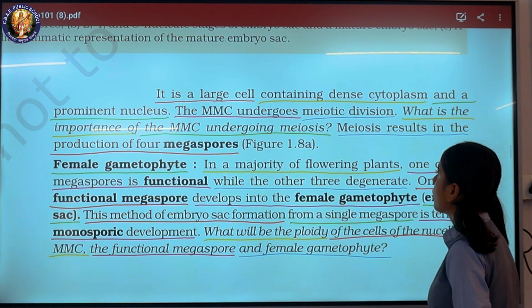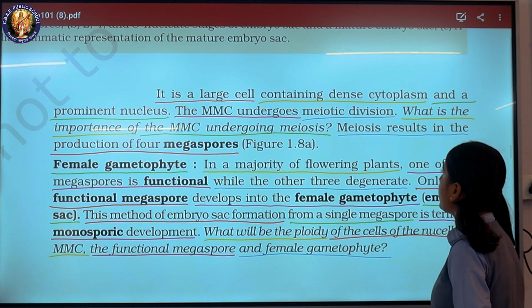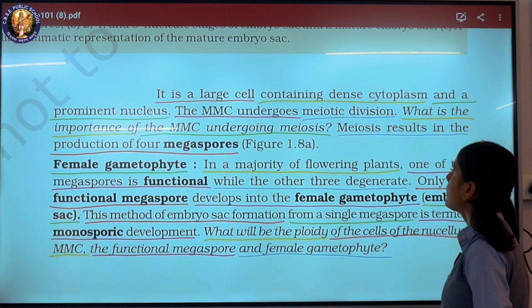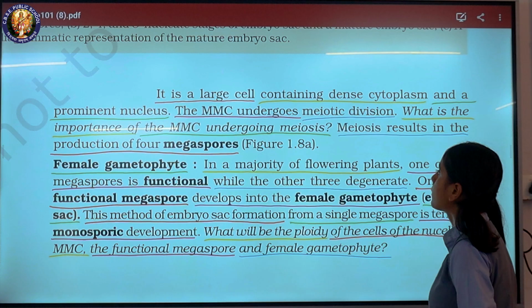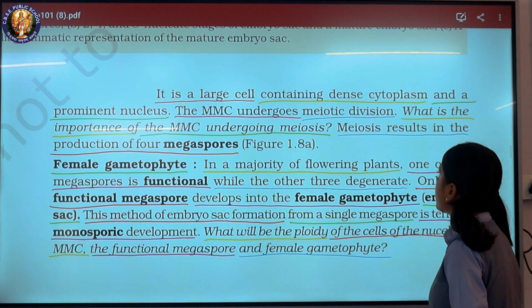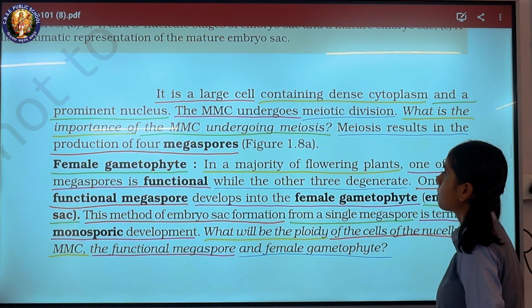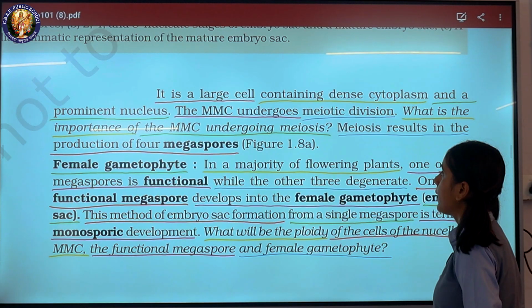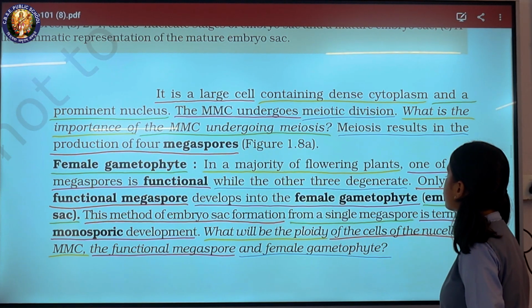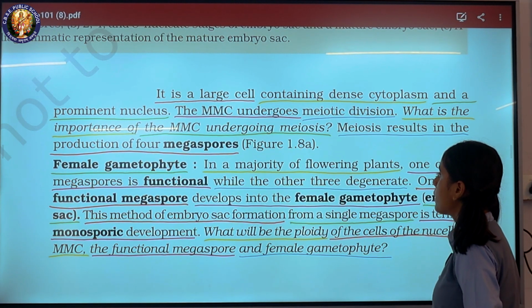The MMC undergoes meiotic division. What is the importance of the MMC undergoing meiosis? Meiosis results in the production of 4 megaspores. In a majority of flowering plants, one of the megaspores is functional, while the other 3 degenerate.